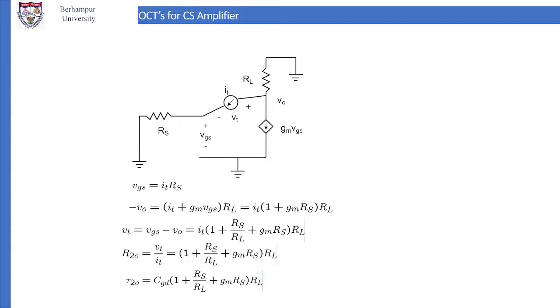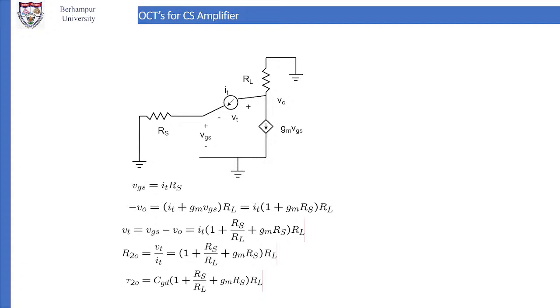Now take IT common: (1 plus RS by RL plus gm into RS) whole into RL. Now you can find out R20. R20 is equal to VT by IT. Now for VT, IT is there on the right hand side, divided. So R20 is equal to (1 plus RS by RL plus gm RS) whole into RL.